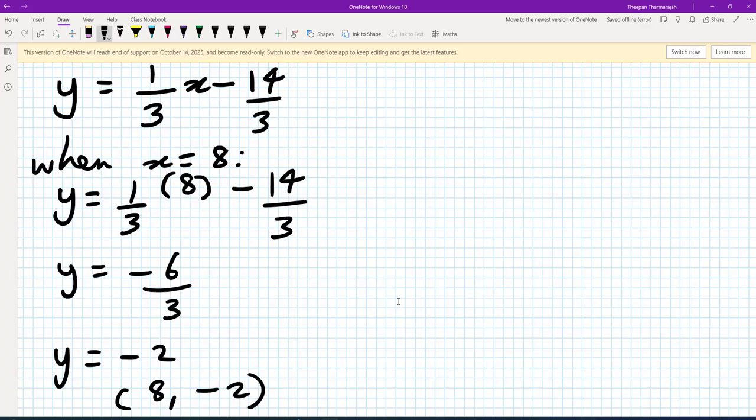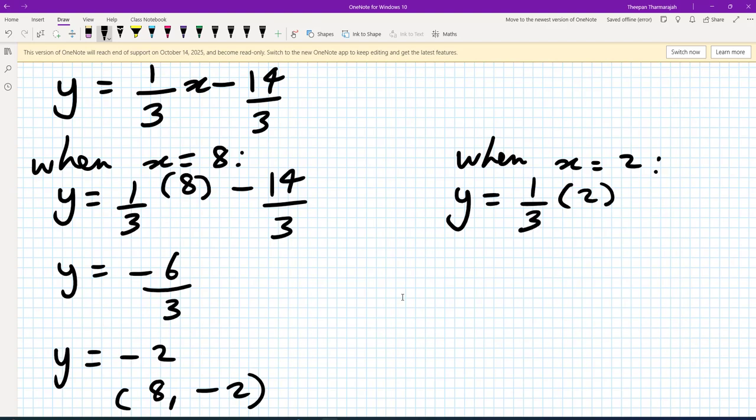Now we're going to do the same when x equals 2. So we're now going to say when x equals 2, we can say y equals a third of 2 minus 14 over 3.